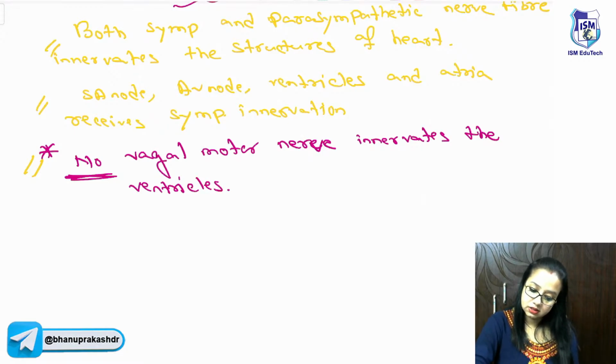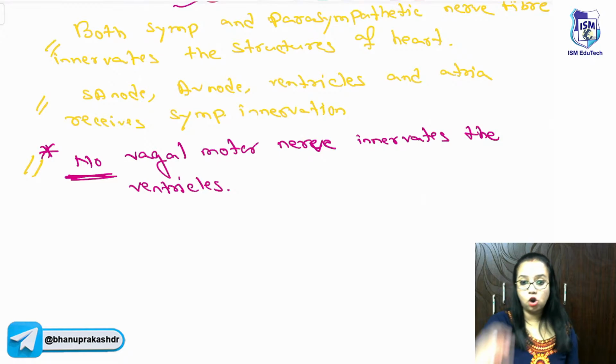This sympathetic innervation goes and innervates both the nodes and all the structures, like the atria and the ventricles.